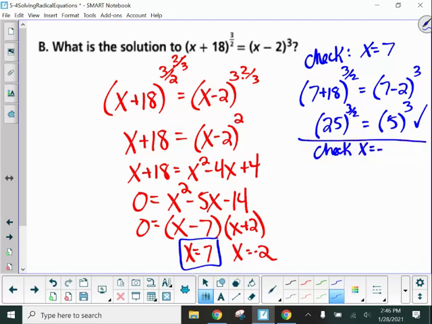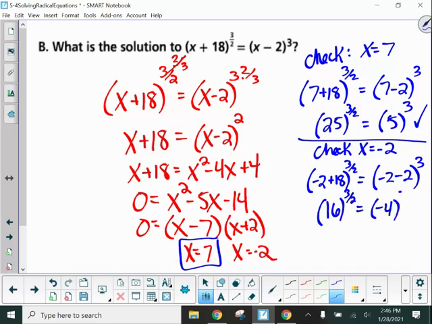Now if I check the x equals -2, -2 plus 18 to the 3/2 power, -2 minus 2 to the 3rd power. So -2 plus 18 is going to be 16 to the 3/2 power, and I want to see if that's equal to -4 to the third power.